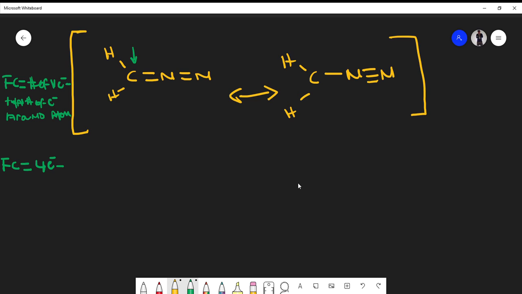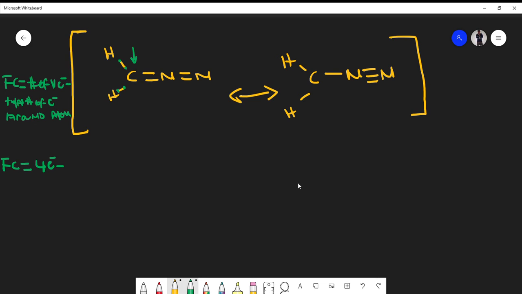And we subtract that from the total number of electrons around the atom. Now this is where it gets tricky. When we say the total number of electrons around the atom, we're actually talking about the electrons pertaining to only the atom. For example, a single bond consists of 2 electrons, one from the hydrogen, one from the carbon. The same thing is also true for this bond, one from the carbon, one from the hydrogen.